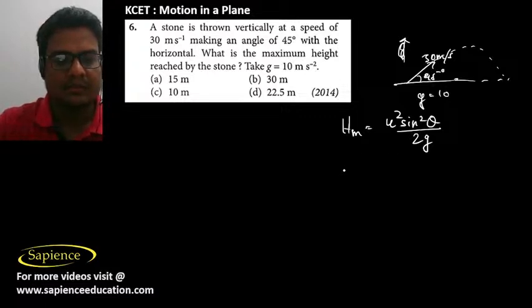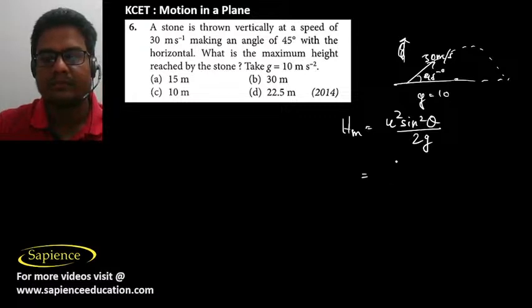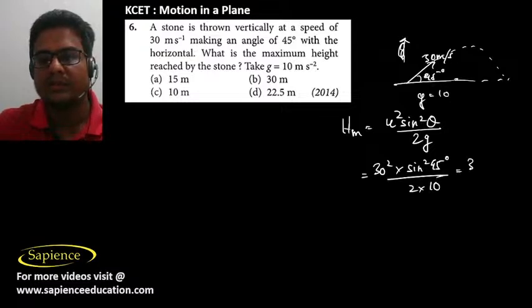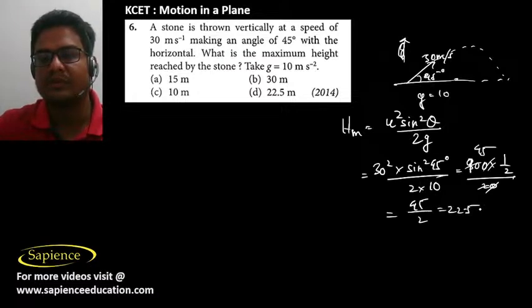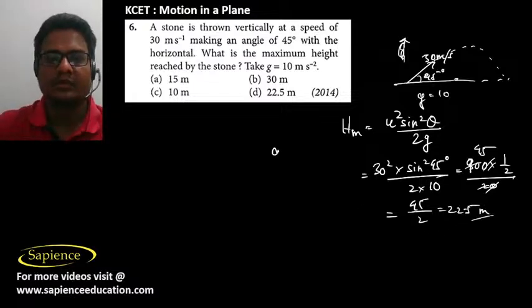So that will be equal to U square, U is 30, so it is 30 square into sine square 45 degree divided by 2g. G is 10, so it will be 900 into sine 45, that is 1 by root 2. So 1 by root 2 whole square is 1 by 2, divided by 2 into 10, that is 20. So the zeros will cancel, and 45 by 2 is 22.5 meters. So option D is the correct answer.